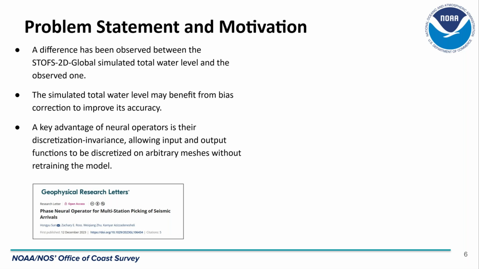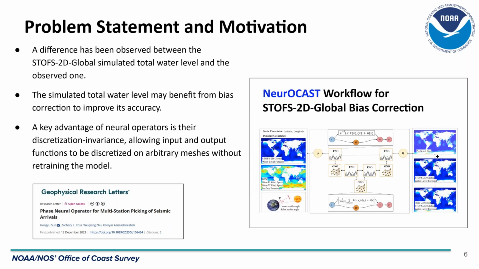There are many advantages of using this neural operator. One of them is that, for example, when you train the model on hourly data, you can directly use it on 6-minute data. When you train it on a few special locations, you can use it at different locations other than those that you trained on. You can estimate the model output for those locations and for different resolutions.